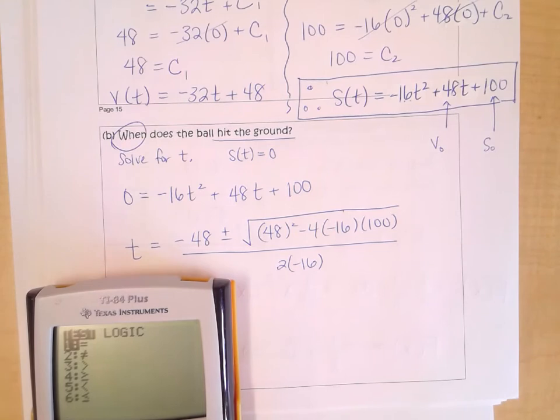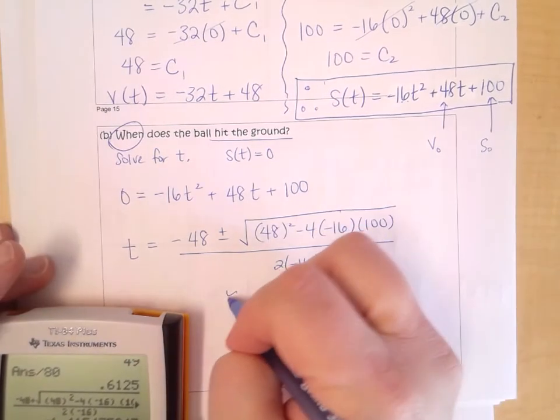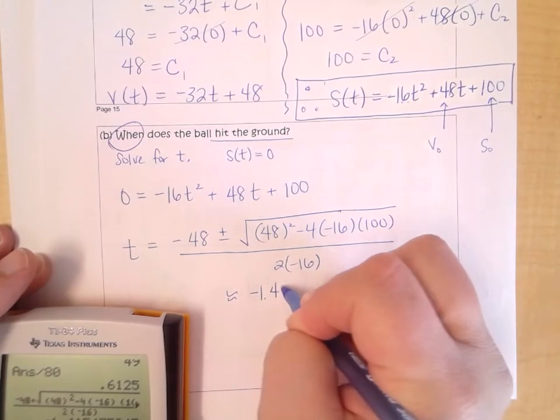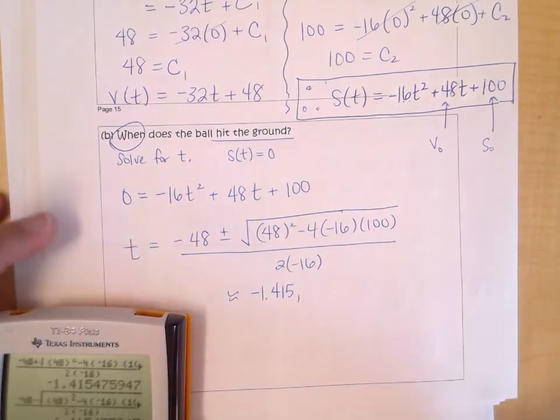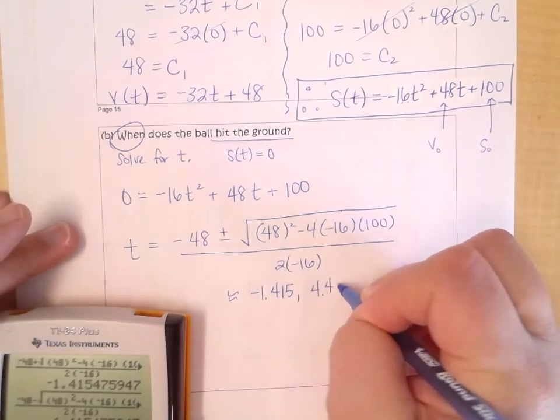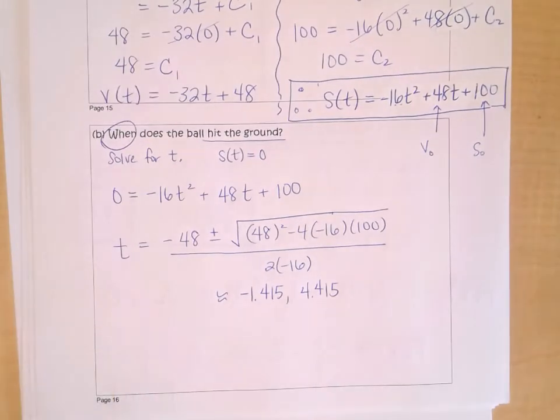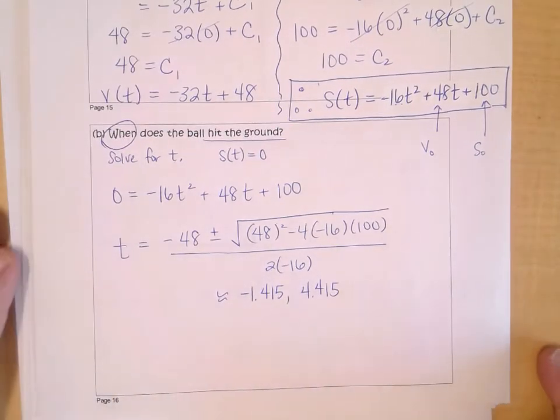Remember, you can't do both plus or minus at the same time, so we do plus first and then minus. Couple clicks on the calculator, and this is what I get.